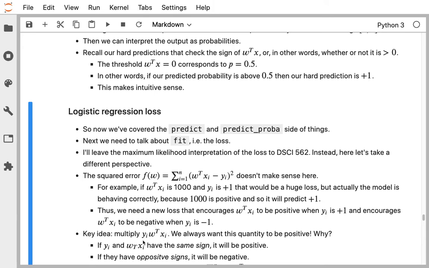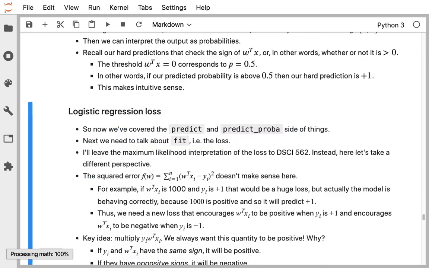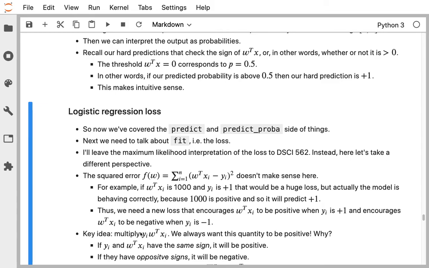When we multiply these two things, this quantity is something we always want to be positive, because if y and the raw model output have the same sign, that means you got it right: the true class is positive and you predicted positive, or the true class is negative and you predicted negative.